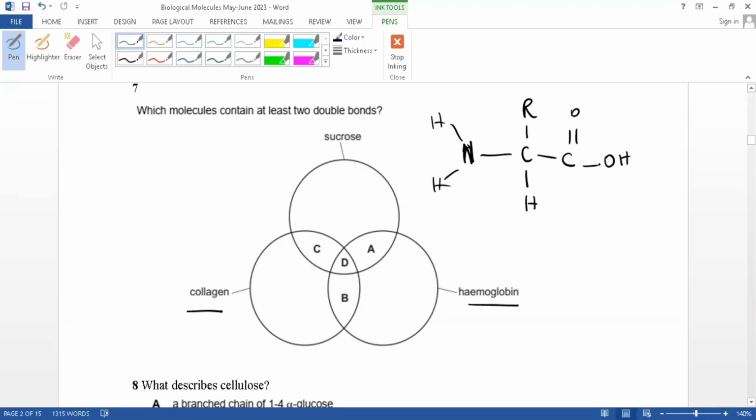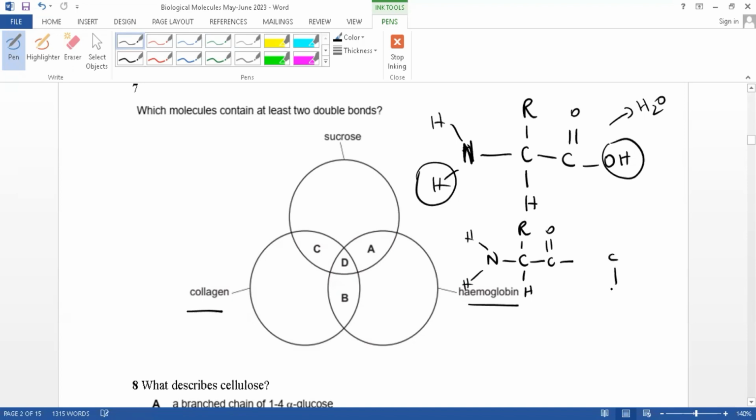When an amino acid makes a bond with another amino acid, one H is removed from over here and OH is removed from here. As a result, water is released, a condensation reaction takes place, and this carbon and the N of the other are joined this way. Let me draw it. R, H, H, and C double bond O, and in the next amino acid H, R, C double bond O, OH.